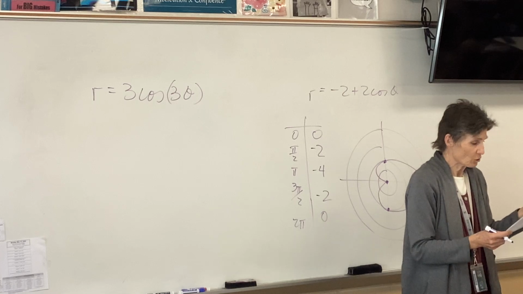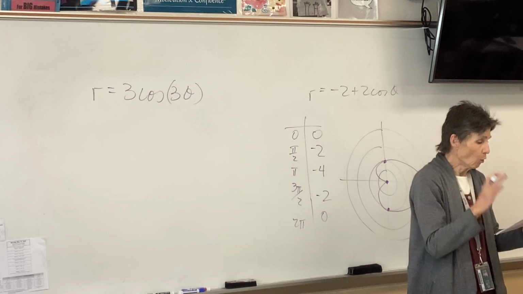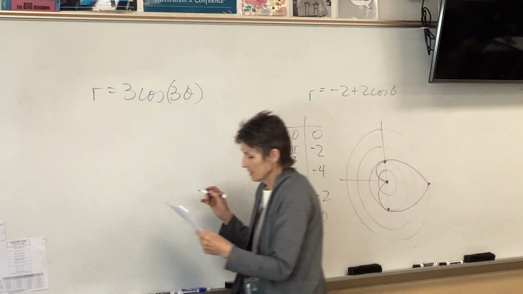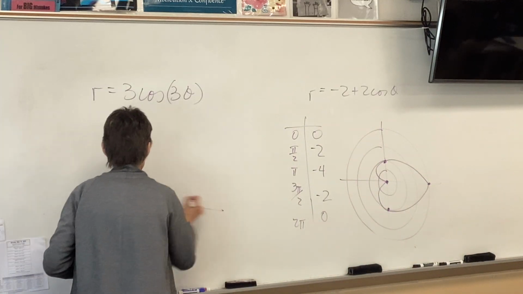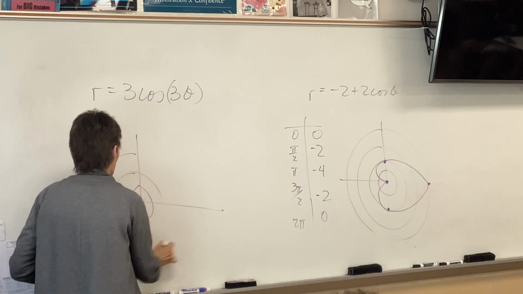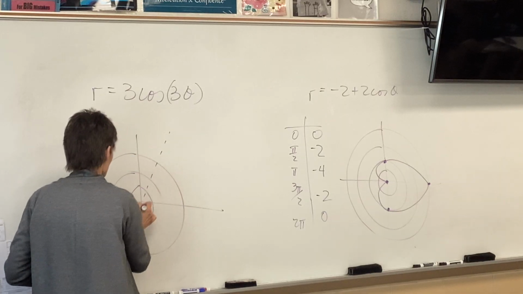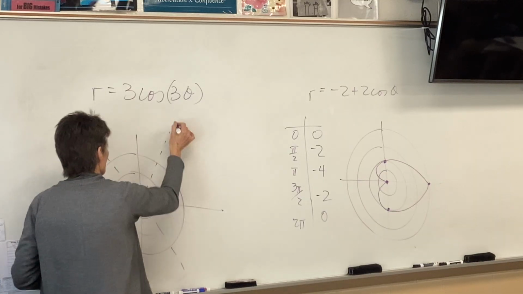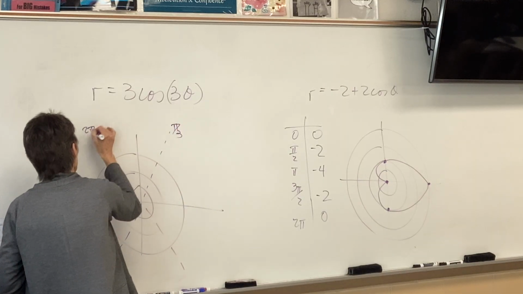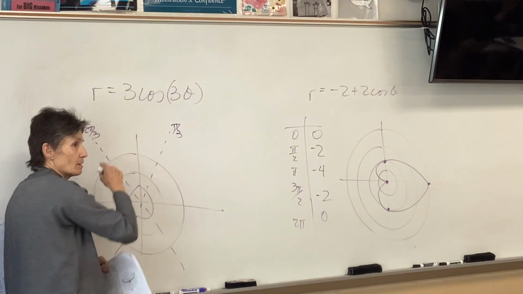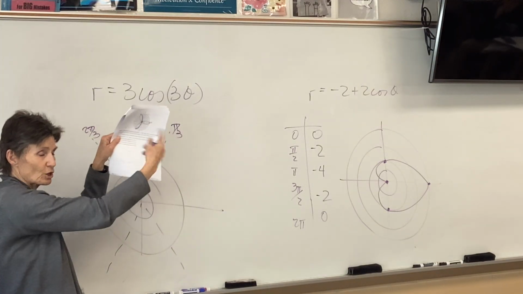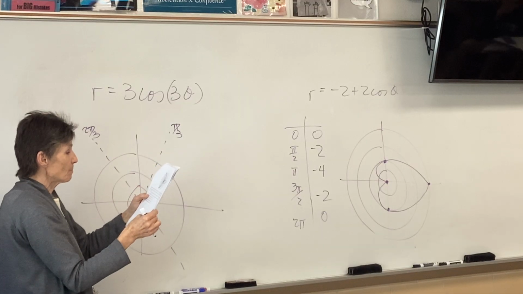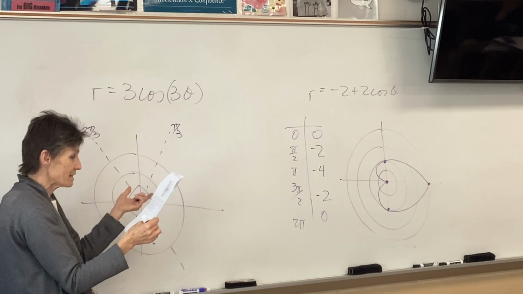Now, what's the question? If we only go from pi over 3 to 2 pi over 3, so if we only consider, here's pi over 3, and here's 2 pi over 3. If we only consider points plotted from here to here, so not all the way around to generate the whole picture, the portion of the graph consists of 2 pieces.